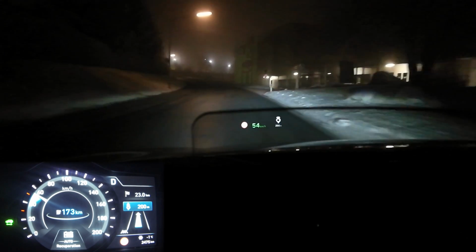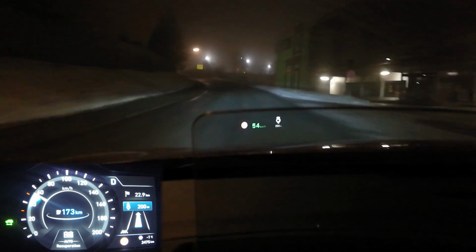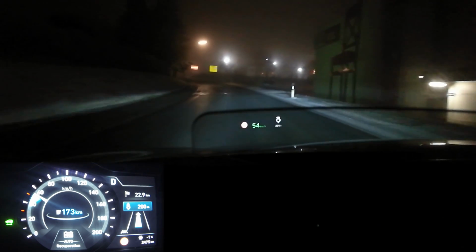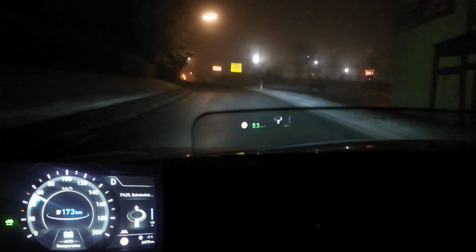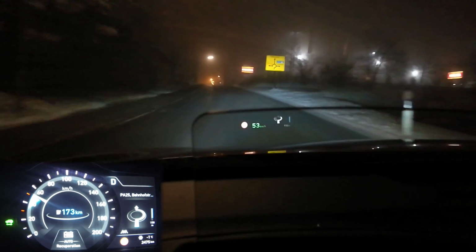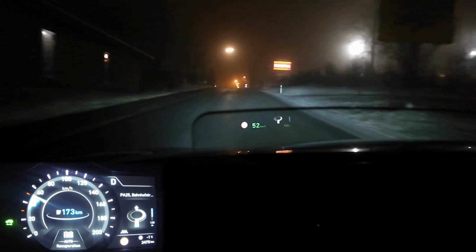In 200 meters, leave the roundabout at the second exit. Yeah, it shows in the head-up display the exact same information as down here, except for the name of the street. Leave at the second exit.